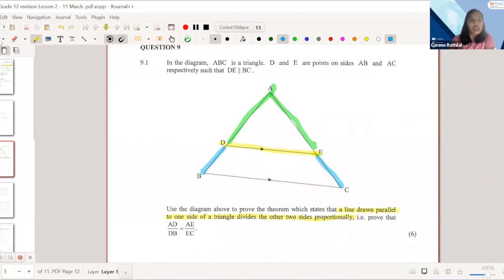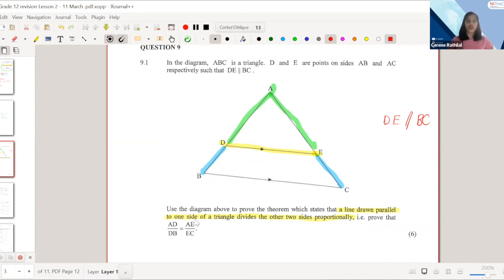Again, for the sake of understanding what it is that we want to do: we want to prove that when we have a line drawn parallel to one side, so when DE has been drawn parallel to BC, as per this picture, DE has divided the other two sides of the triangle proportionally, meaning mathematically AD over DB is equal to AE over EC.